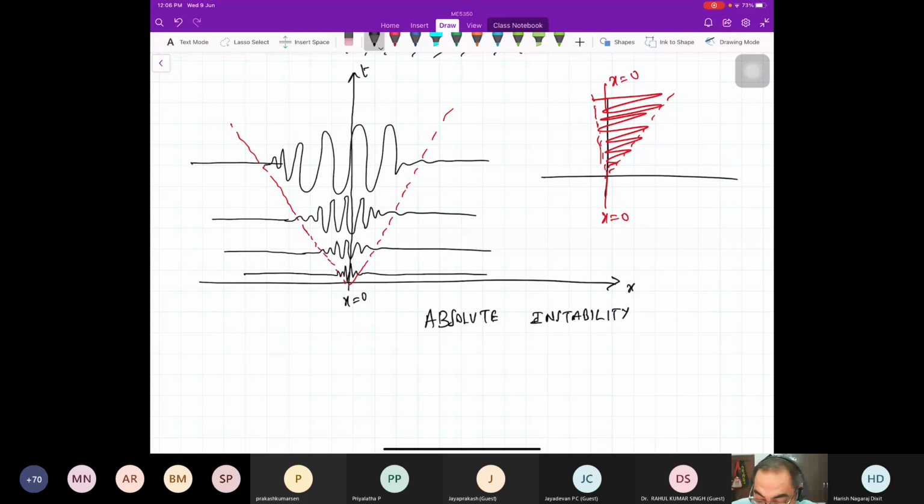We saw the example of vortex shedding. Once the instability starts, it is self-sustained right there, so it becomes an oscillator.